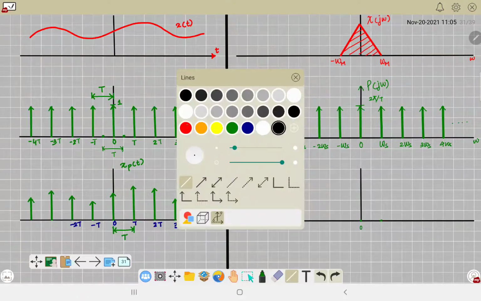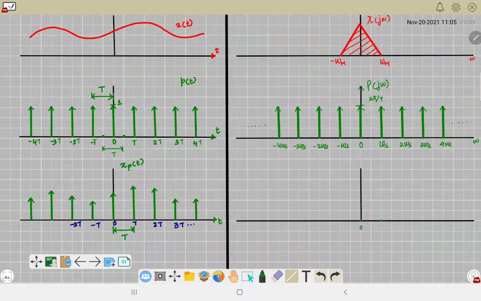Let's go here in red. You will have these X of j omega, something like this. Then there will be another one. So if I take this interval, like this, then another one like this. Similarly, I have from here this.